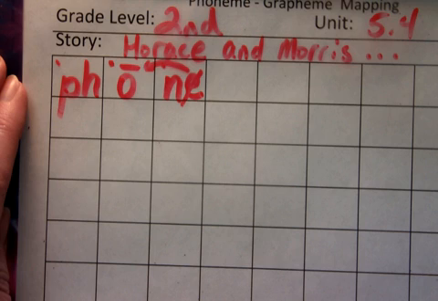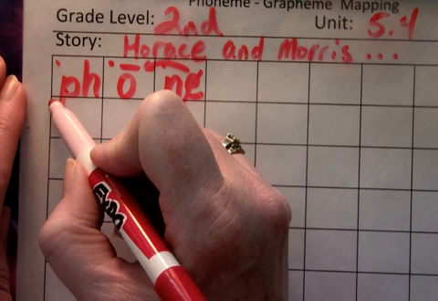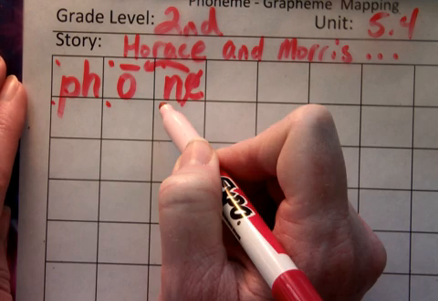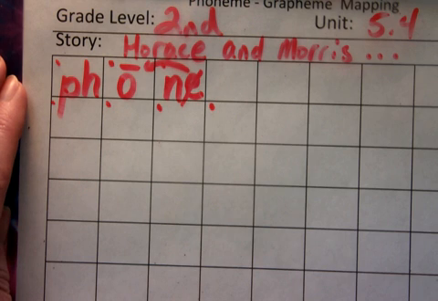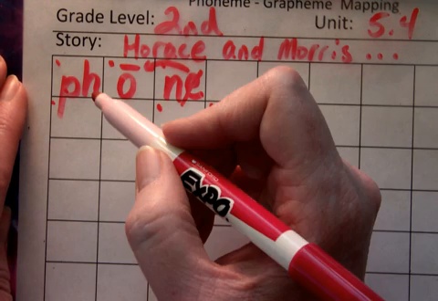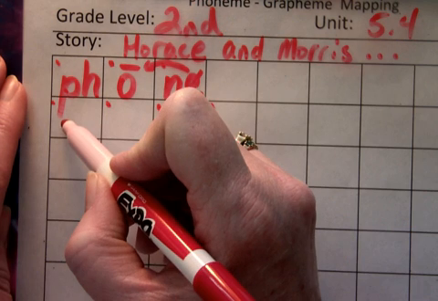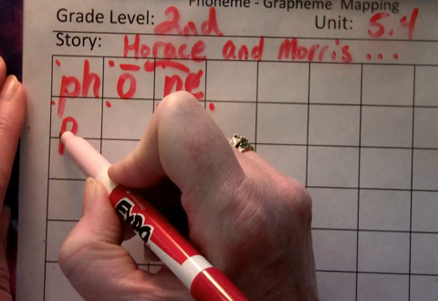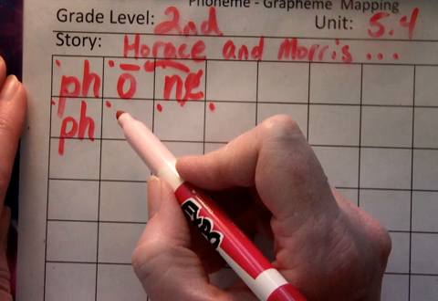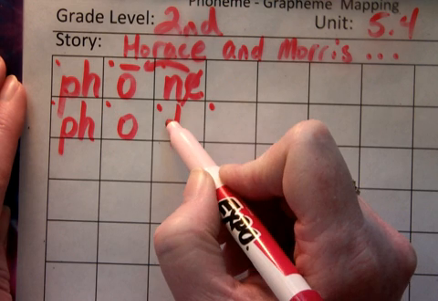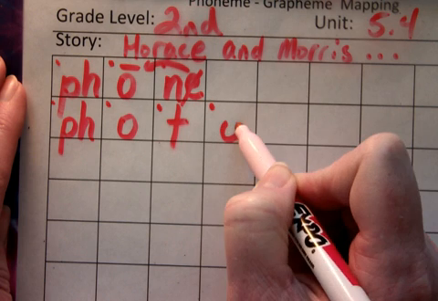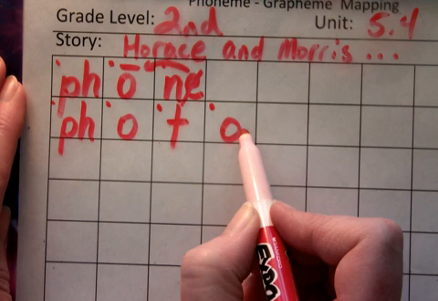The next word is photo. That's short for photograph. Photo. The first sound's F. It is the PH again. O-T-O. I have two O sounds.